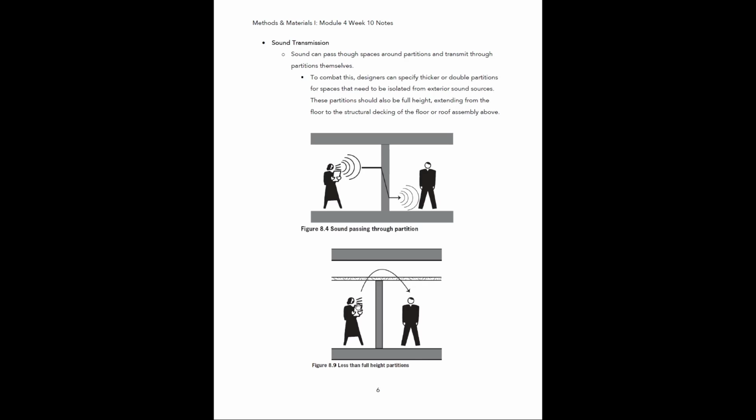Well, wherever that occurs, the sound waves are going to want to travel up through the ceiling and then go over top of the partition, right? So we want to make sure our partitions are extending all the way up to that deck above so that we can minimize the transmittance over top of the partition itself.